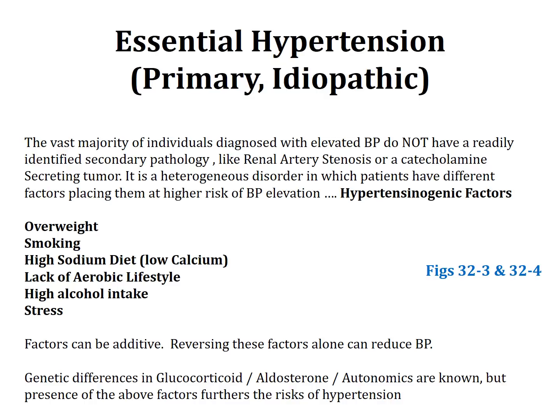So if you're sedentary and overweight, you're not exercising and binge drinking and smoking, right? Additive accumulation of hypertensinogenic risk factors is going to make your hypertension worse. And there's certainly a genetic component to this. So we are all different in our glucocorticoid and our aldosterone and autonomics in terms of metabolic activity, in terms of receptor function.